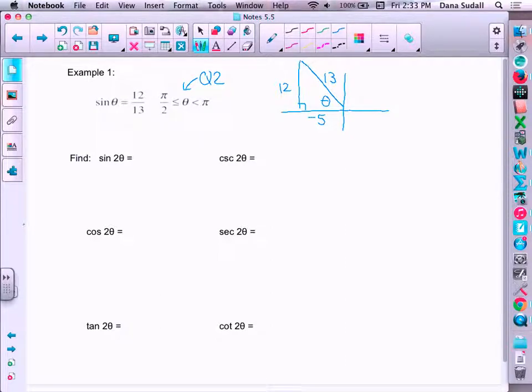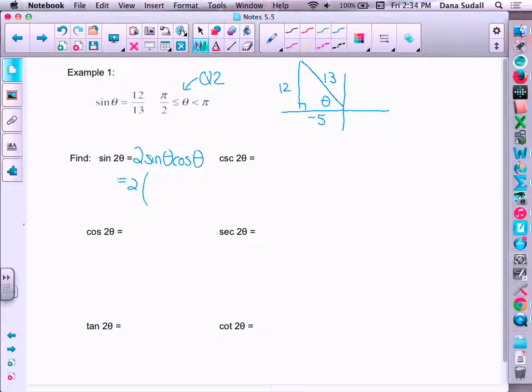Now they want to know what's the sine of 2 theta. You can't just double the lengths of the sides there. You have to actually develop the formula. So sine of 2 theta, I have to expand that using that double angle identity, which is equivalent to 2 sine of theta cosine of theta. Now I know about theta, I don't know about 2 theta, but once I expand that, I can use that reference triangle that I just drew.